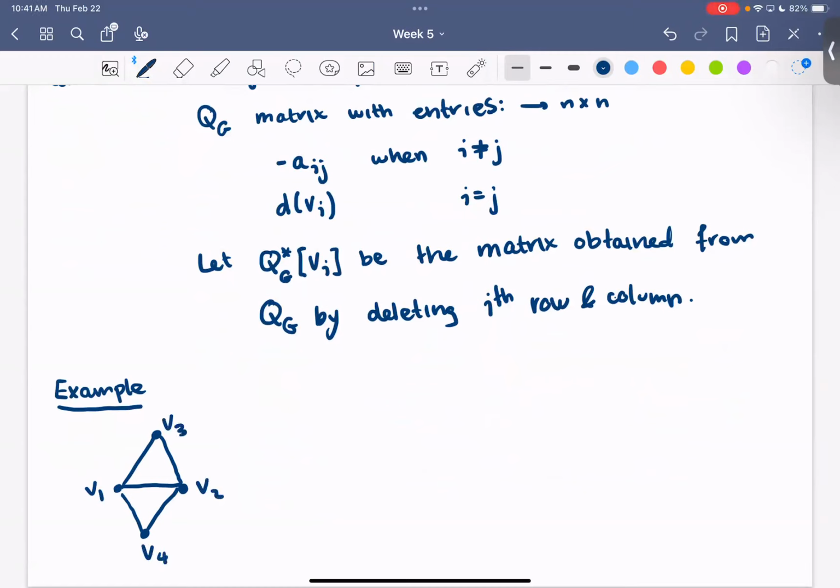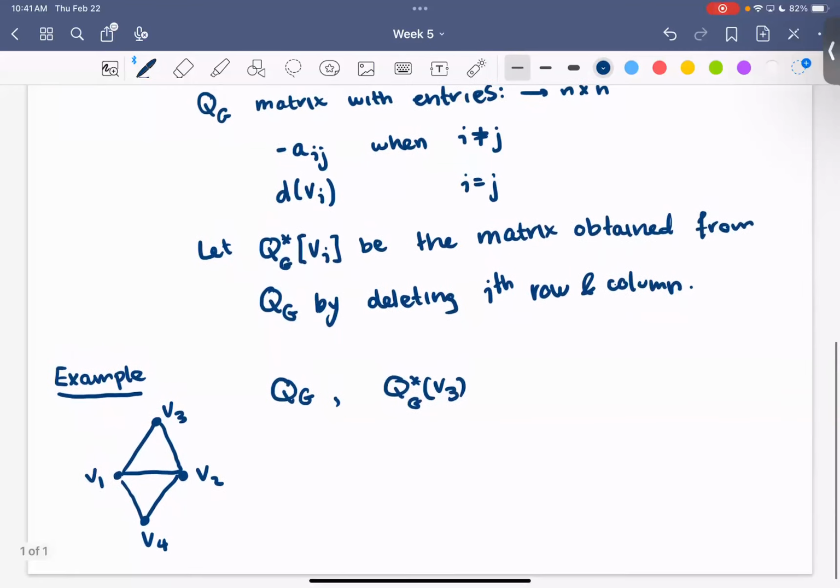Okay, so I'm going to have you write down Q of G and Q star G of V3. So write down those two matrices and then also compute the determinant of Q star G of V3.